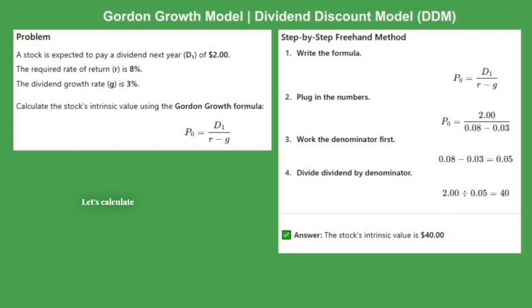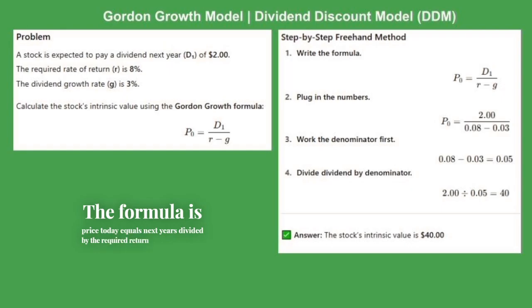Let's calculate the intrinsic value of a stock using the dividend discount model, also called the Gordon growth model. The formula is price today equals next year's dividend divided by the required return minus the growth rate.